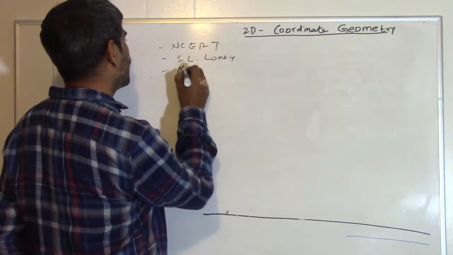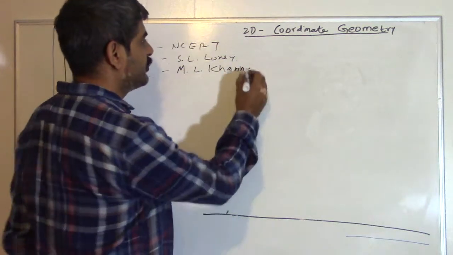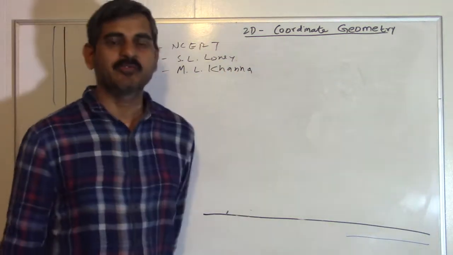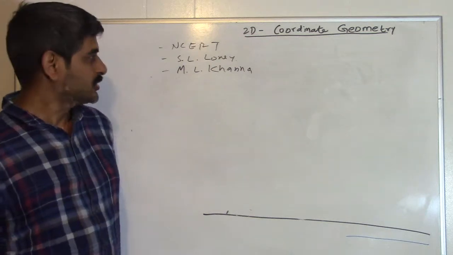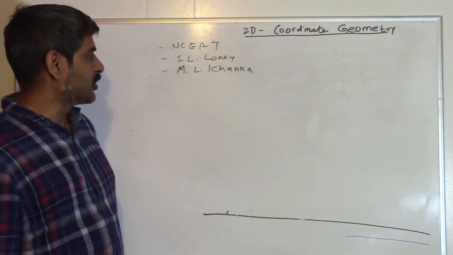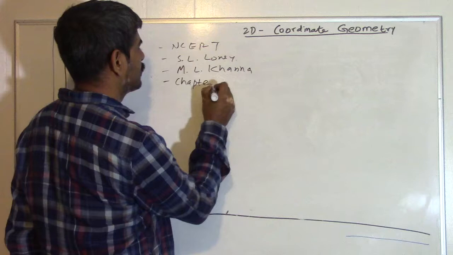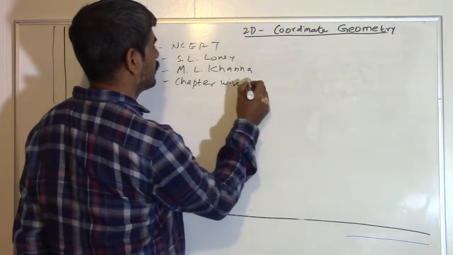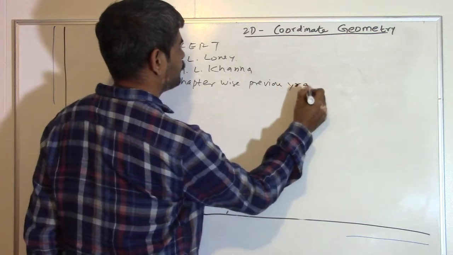You can look at the M L Khanna guide for all the problems if you are especially preparing for IIT JEE. Once you do all the chapters, you can refer to this M L Khanna book, and then you can look at the chapter-wise previous year questions.